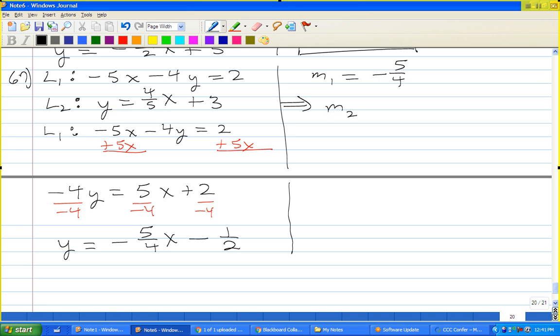And this is already in the form y equals mx plus b. So the slope of the second line is positive 4/5. But I notice that the slope of the first line is the negative reciprocal of the slope of the second line. One is positive, the other is negative, so they're opposite signs. One is 5/4, the other is 4/5, so they're reciprocals. Therefore, these two lines are perpendicular.